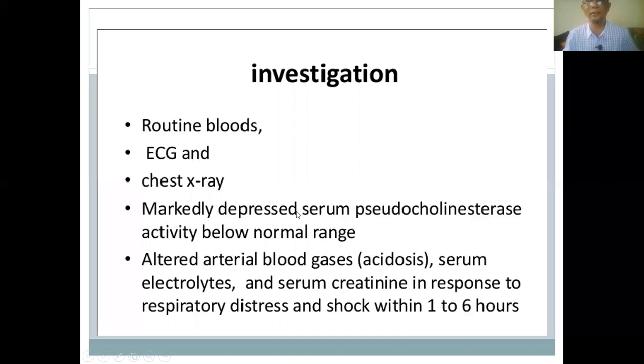If there are facilities for measuring the pseudocholinesterase enzyme, you can measure it. Arterial blood gases, there may be acidosis, pH will be low, and bicarbonate will also be low. Serum electrolytes and serum creatinine in response to respiratory distress and shock within 1 to 6 hours. And this is mainly a clinical diagnosis. Lab investigation can give you some help.